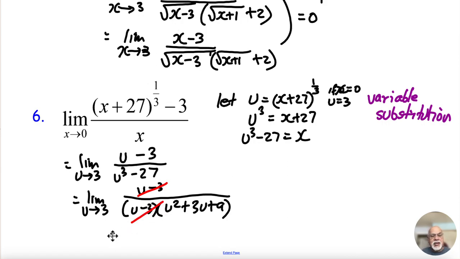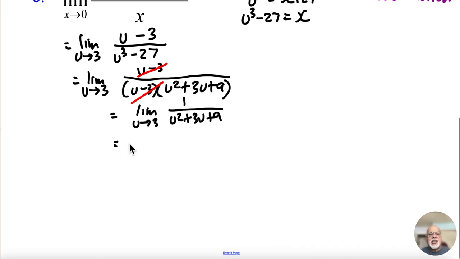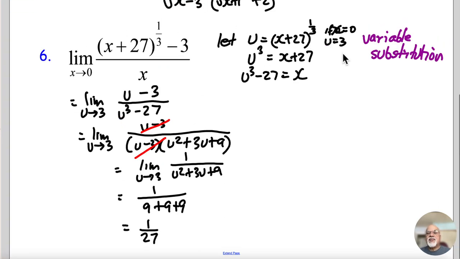And so I end up getting the limit as u goes to 3 of 1 over u squared plus 3u plus 9. And that just turns into 1 divided by 9 plus 9 plus 9, or 1/27. Okay, so that technique is known as variable substitution.